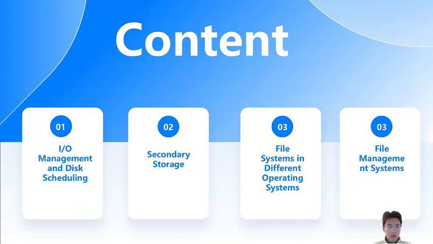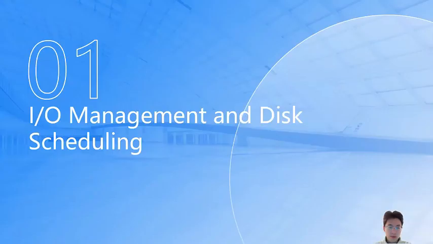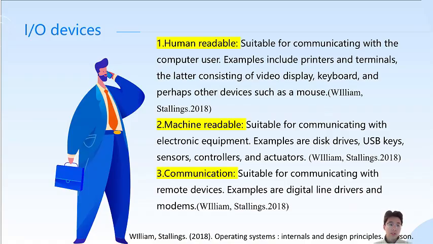In my part, I will introduce I/O management, disk scheduling and the secondary storage. So here you can see three types of I/O device. The first one is human readable. It's suitable for communicating with the computer user, like printers and terminals. Machine readable is suited for communicating with electronic equipment like disk devices and USB keys.